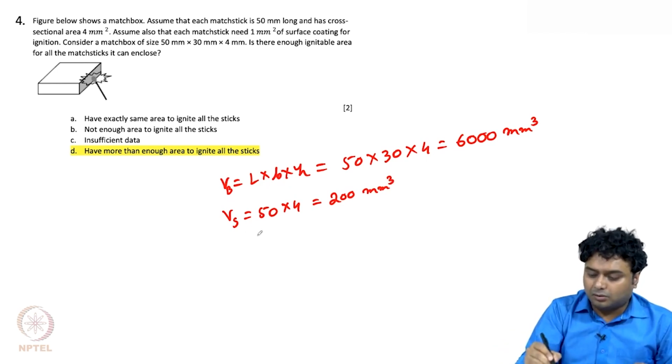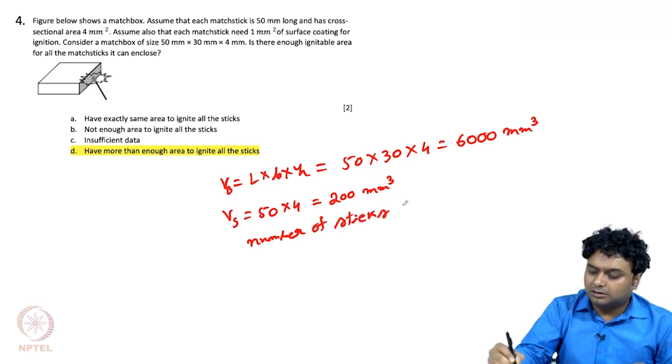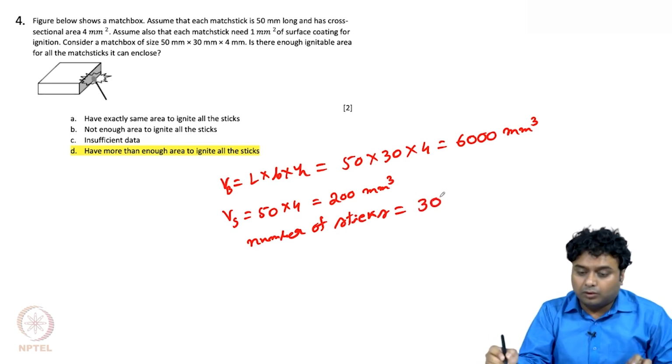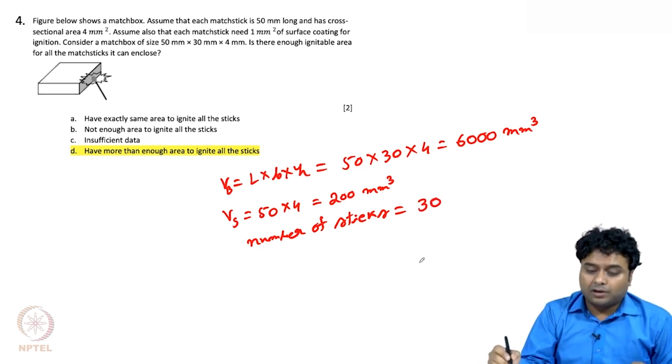Now it can enclose the number of sticks equal to 30, and we know that one particular stick needs 1 millimeter square, right.